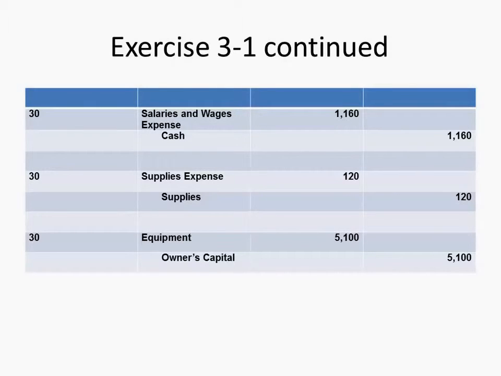So the owner said, I'm going to put $5,100 of my own money into the bank, and then the business is going to go buy a computer. Would that make sense? So what would happen then? What would be the journal entry? So if they figure out we don't have enough cash in the bank, but we need to buy a computer that's going to cost $5,100, we don't have any money in the bank.